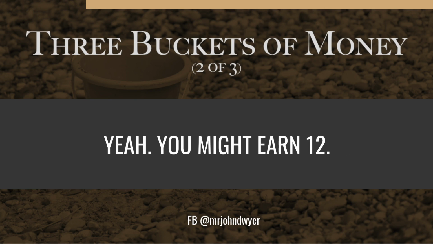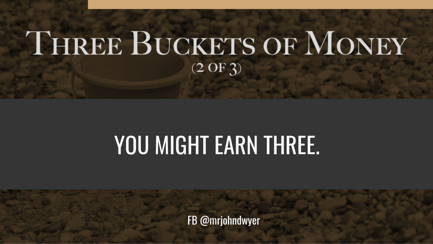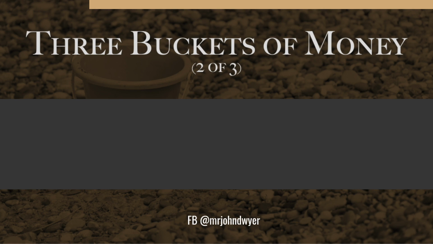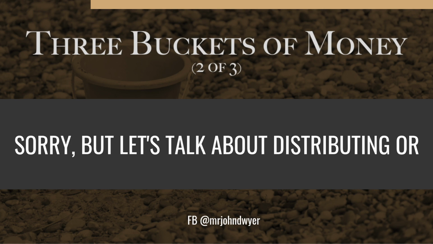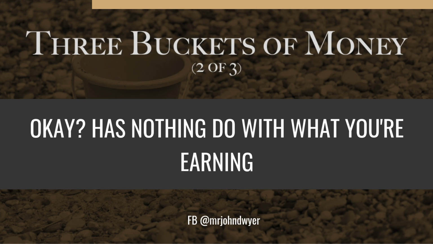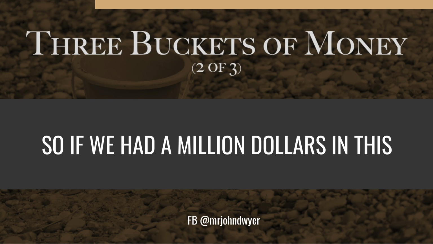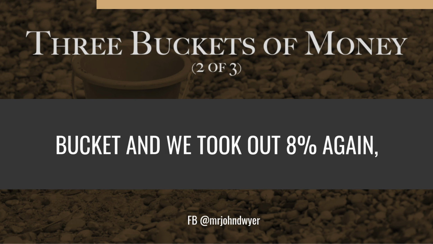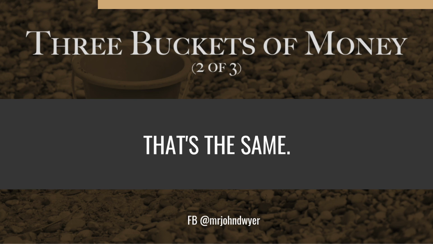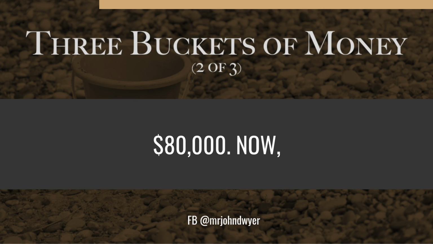You might earn 12, you might earn 3, you might lose 15. But let's talk about distributing or taking out 8%. It has nothing to do with what you're earning. So if we had $1 million in this bucket and we took out 8%, again, that's the same $80,000.